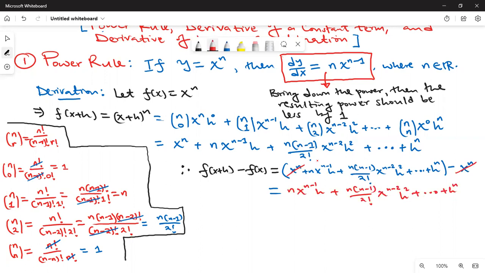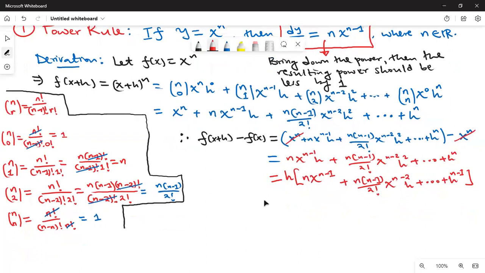So h can be factored out, h outside, so that what we have is n x raised to n minus 1 plus n times n minus 1 over 2 factorial x raised to n minus 2 times h, plus so many other terms, plus the last one h raised to n minus 1. I have factored out h.